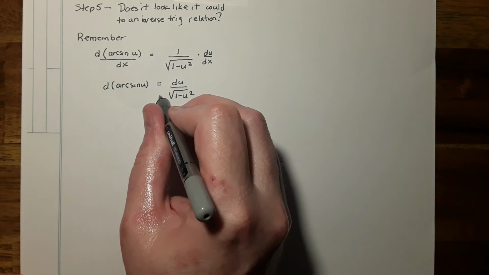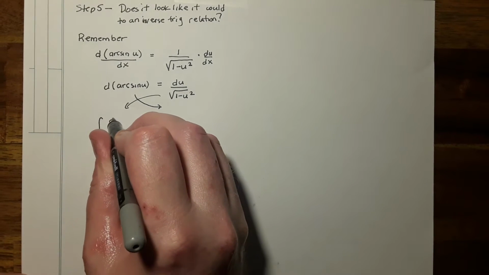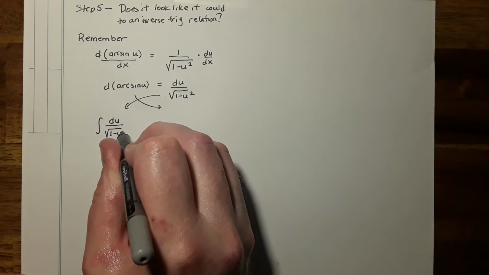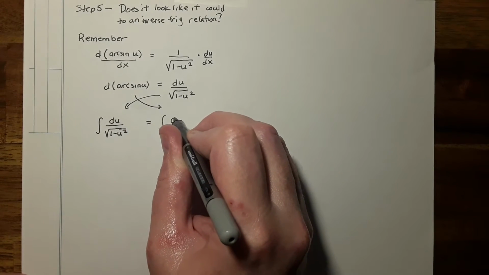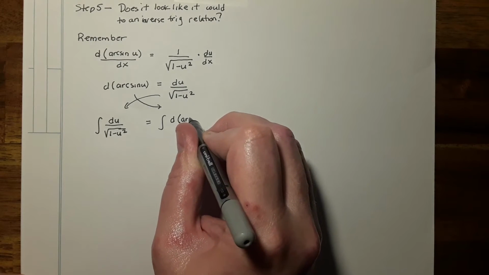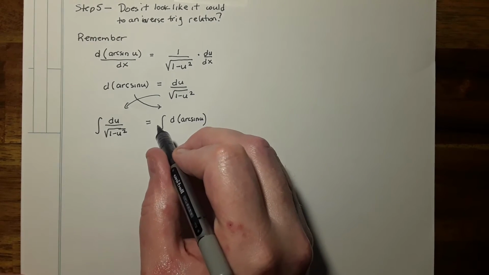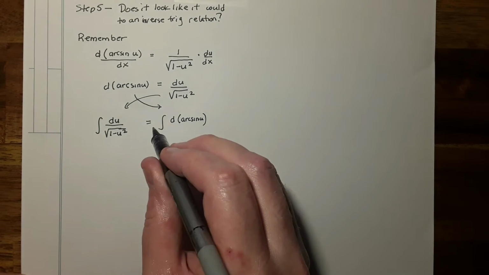And then if we integrate both sides, so I'll just switch sides and integrate. So if I integrate the du over root 1 minus u squared, then that will be the integral of the differential of arcsine u. And on the right-hand side, the integral and the differential process are both applied to one function.